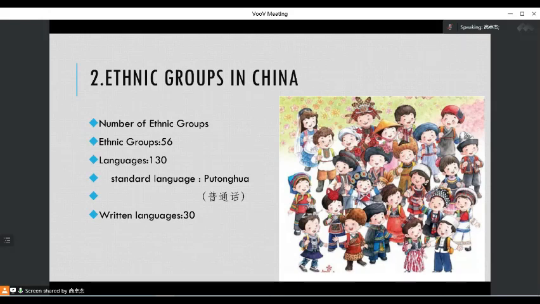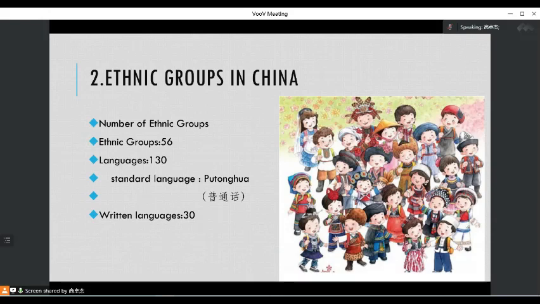For example, some European countries, such as Lithuania, Russia, Austria, Hungary, and so on, are named after the most populous people living in their countries. But China doesn't do so.